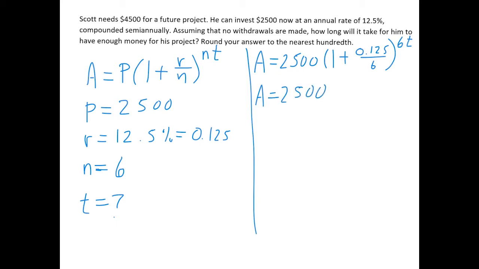And what I'm going to do is just get a common denominator between these two fractions. The common denominator would be 6. And when I add all that up, I'm going to have 6.125 over 6 raised to the power of 6t. The reason that I did the inside like that is I don't want to do any rounding until the very end.